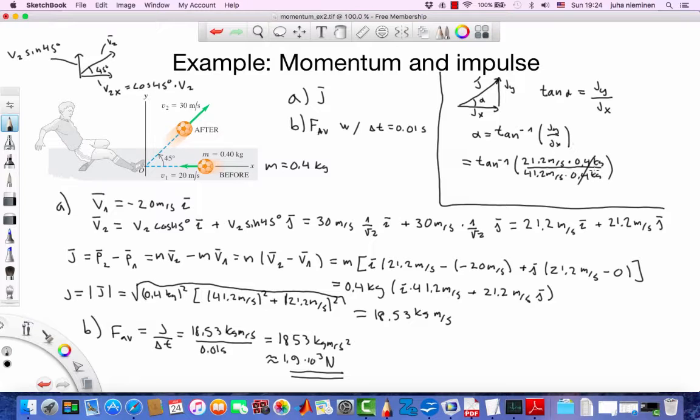And these all, of course, cancel. And we get from the calculator approximately 27 degrees.